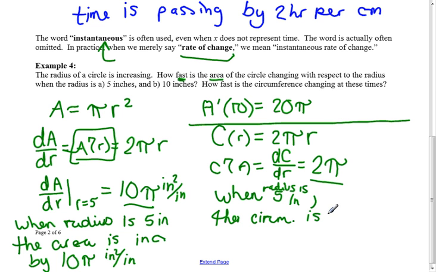And this is positive, so it's increasing. And what kind of units are we talking about? Well, the circumference is given with inches and the radius is given with inches, so we're just going to say inch per inch, because if you don't put that, then we're all going to think you forgot it. So it's increasing by 2 pi inches per inch.